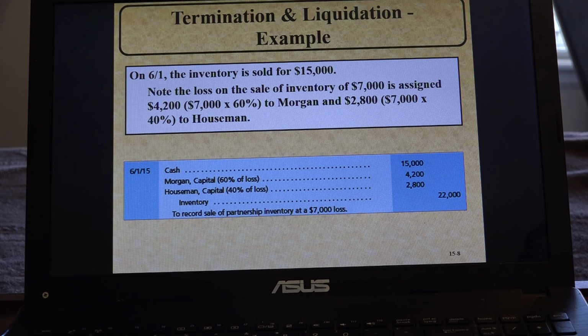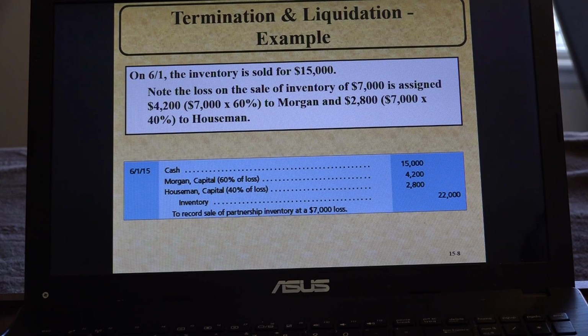You're going to recognize the receipt of the cash of $15,000, and instead of recognizing a loss on the sale, you're taking that directly to each partner's capital account and allocating the loss based upon the profit-loss ratios, 60-40 in this case.